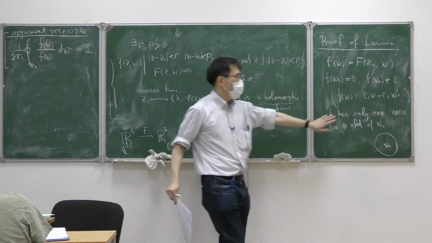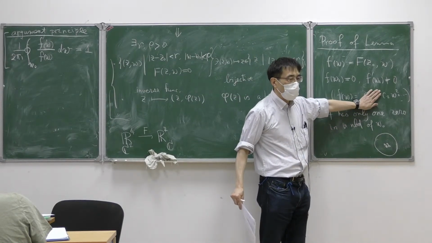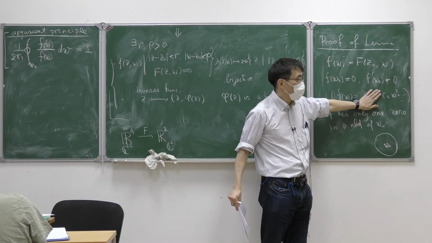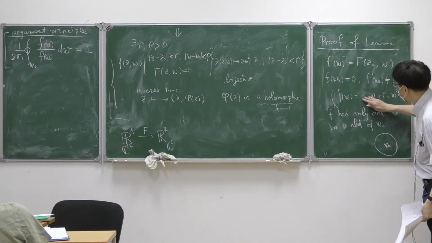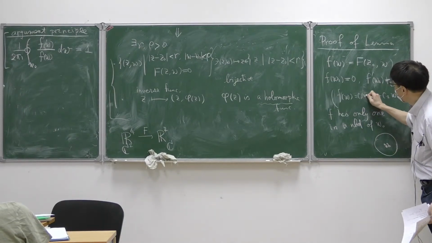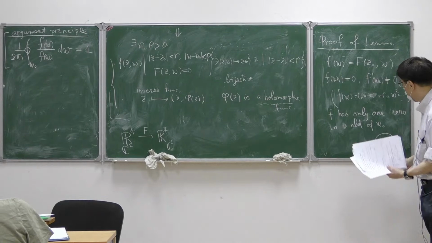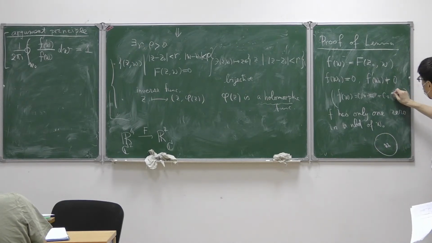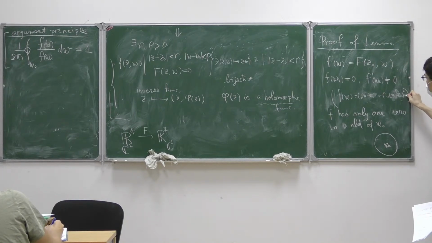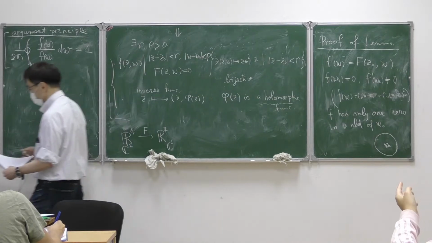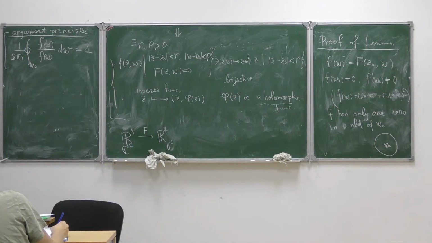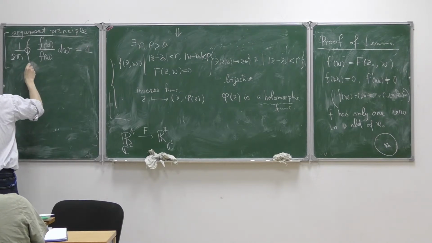So for example, if f has a double 0 at W0, so W minus W0 squared, or exactly speaking, it doesn't.